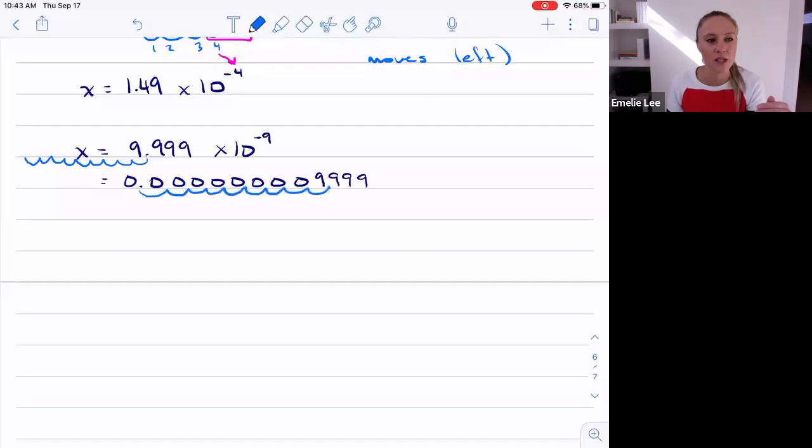And it moves that decimal to where I expect it to be. So however you want to do it, just remember that a negative power is just a really, really small number, and a positive power is a really, really large number.